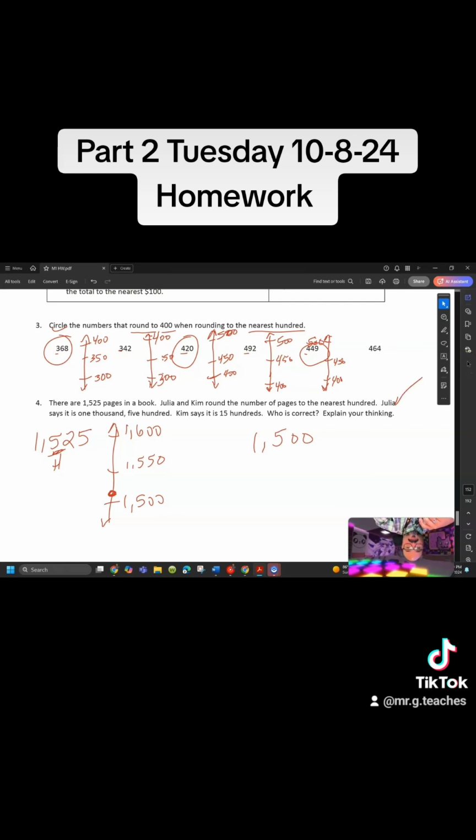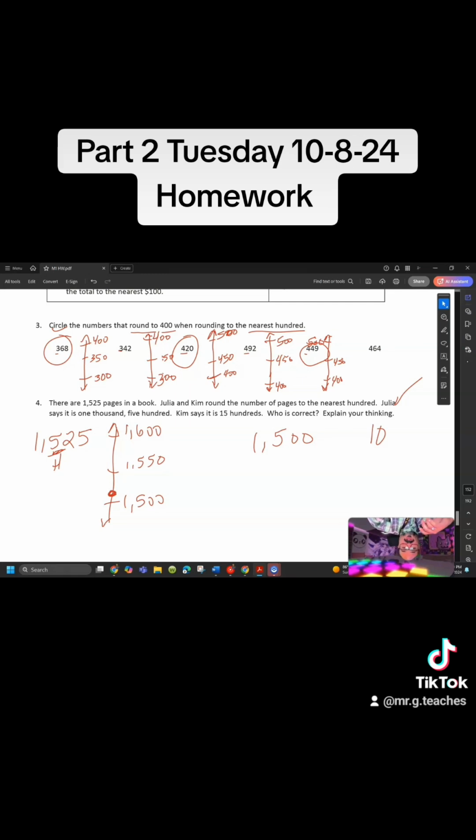Kim says it is 1,500s. Okay, well, 1,500s. Why not? 10 tens makes 100, and we know that she says 1,500s.